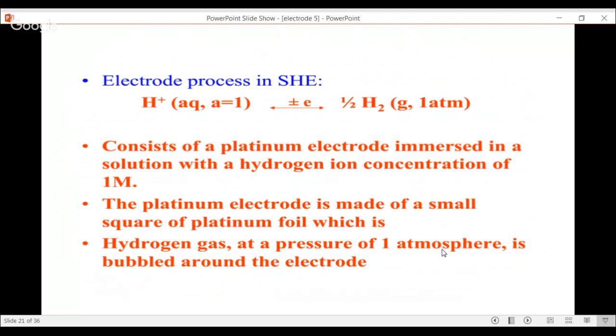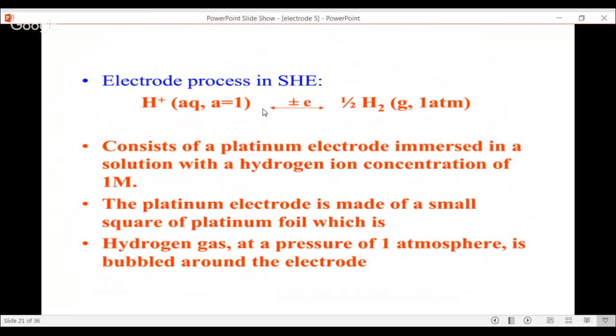Now I will show you the construction of a standard hydrogen electrode. The electrode process in a standard hydrogen electrode involves H plus in a 1 molar aqueous solution, where the activity is 1. We have to understand the activity; we will see it later on. If I were to add an electron, then hydrogen will be evolved.